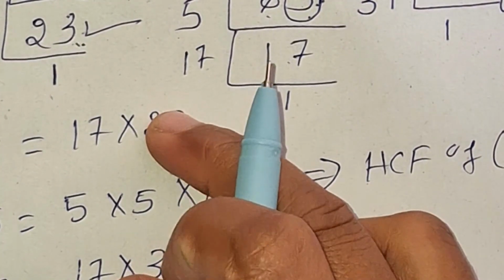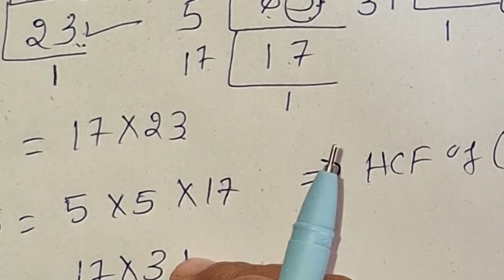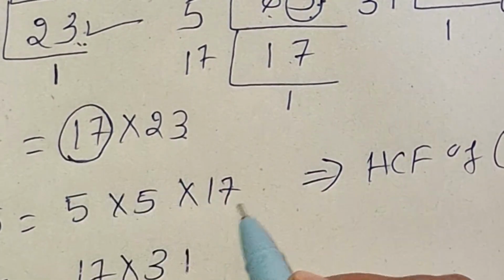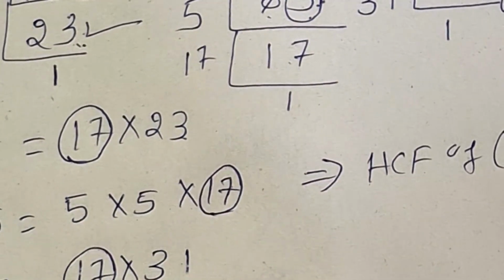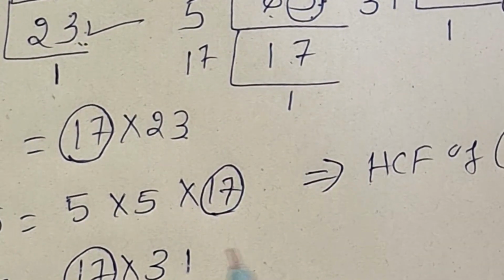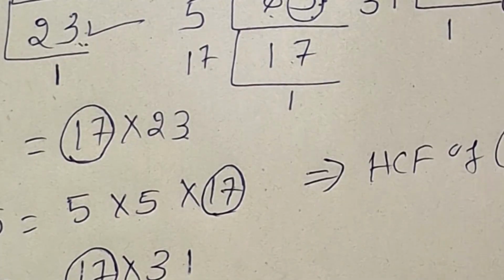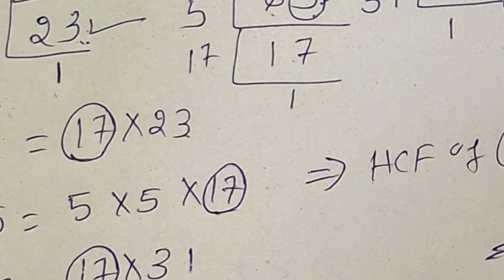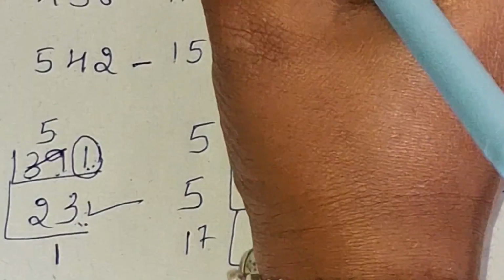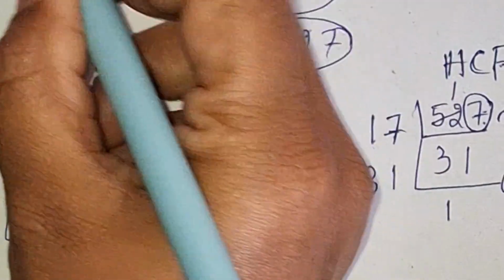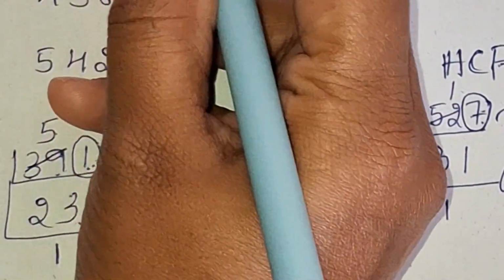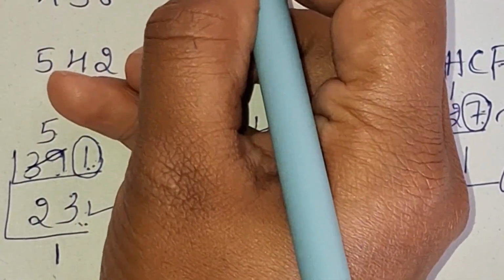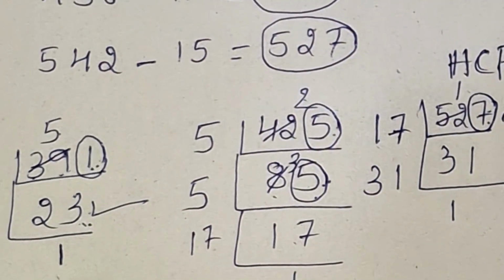In these three numbers, 17 is the common factor, only 17. So 17 is the largest number that will divide 398, 436 and 542. Understand, students, this is a very important problem.